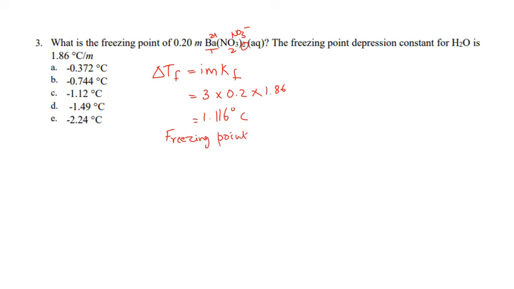That is the depression in freezing point, the one we calculated. So the freezing point will be 0, that is the freezing point of water, minus 1.116, which equals negative 1.116. When you round it, you get negative 1.12. So the answer is C.